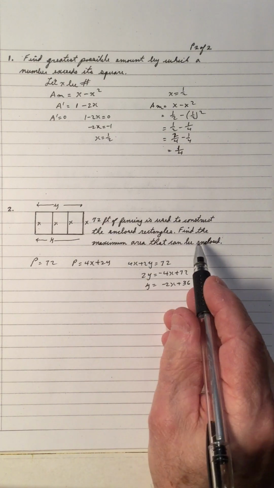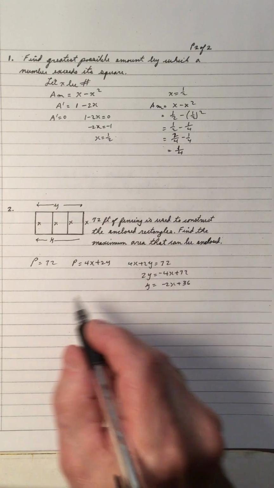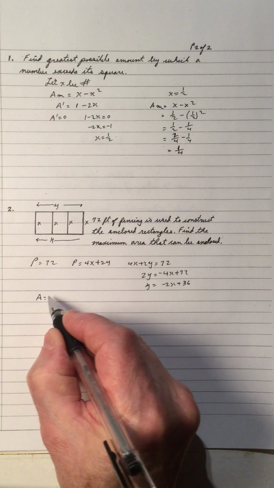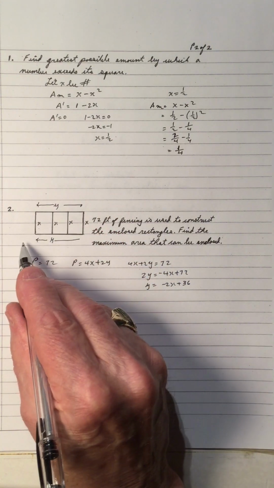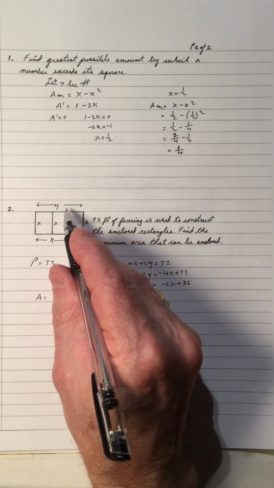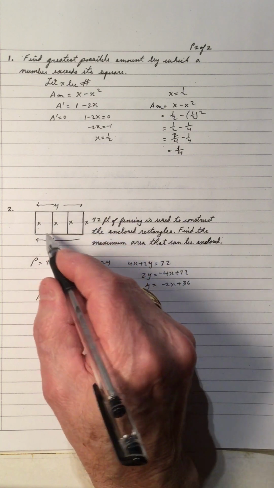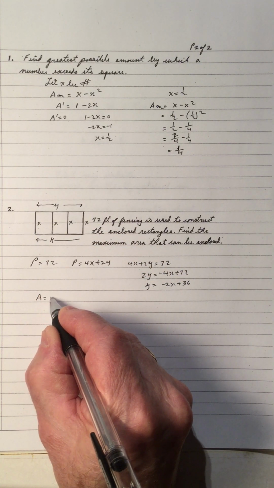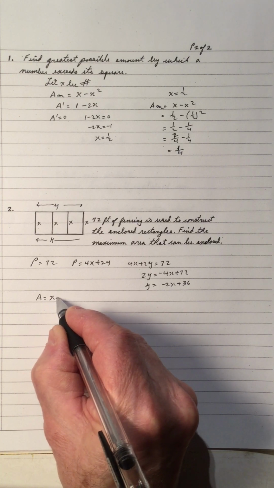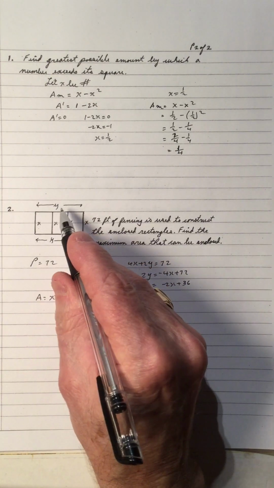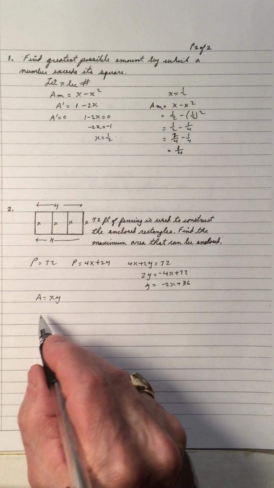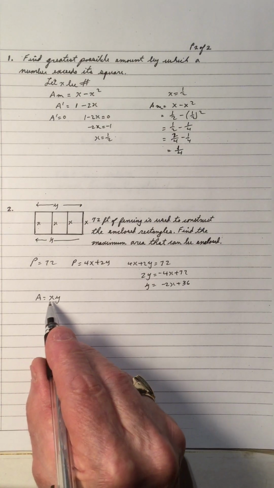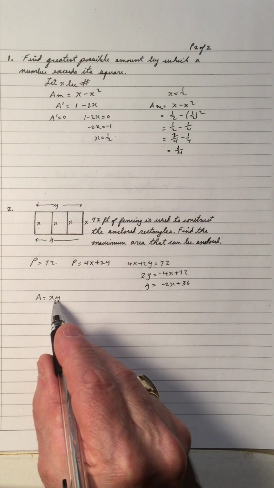But we want to find the maximum area that it can enclose. The area of this rectangular garden, or field, or plot, whatever you want to call it, is length times width, x times y. Now you notice the area is a function of x and y.